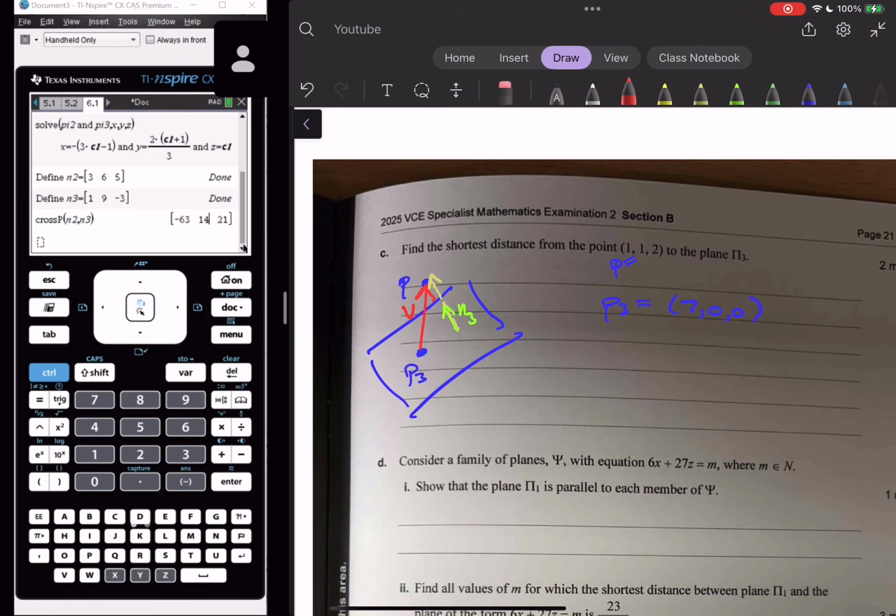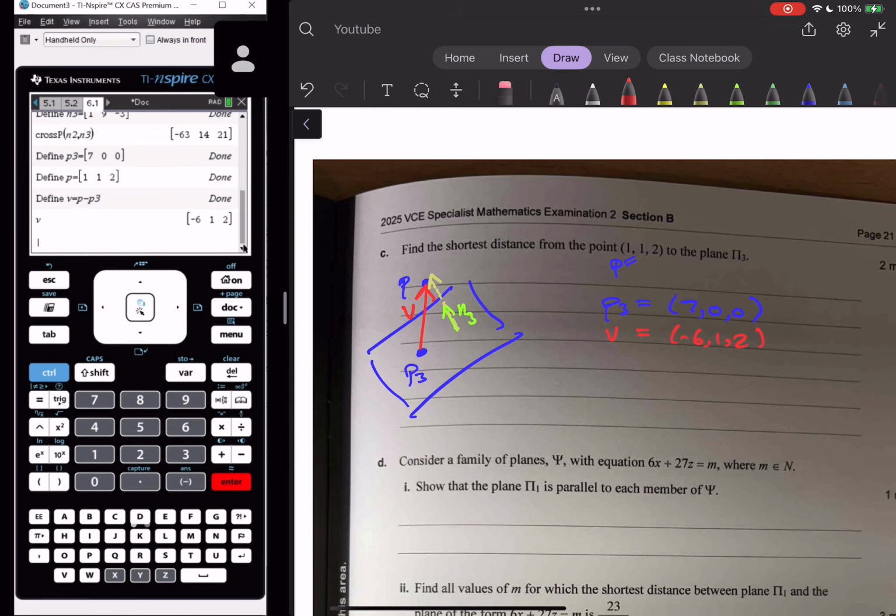Let's define P3 to be equal to 7, 0, 0, and P to be equal to the vector in question, 1, 1, 2. And I'm going to define v to be equal to the difference, P minus P3. So what is v? v is -6, 1, 2.